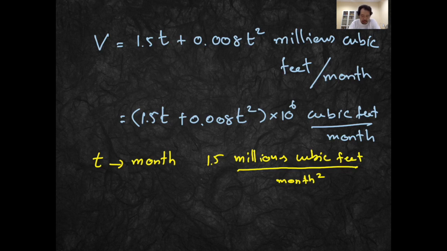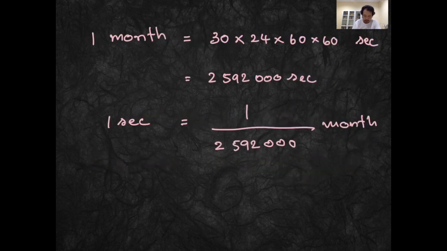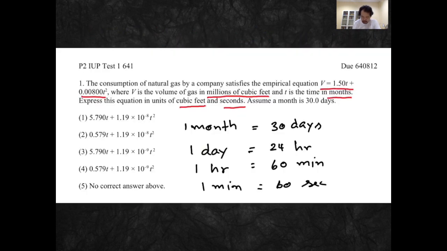If we enter the t here with the unit of month, we must have that this number 1.5 has a unit of million cubic feet per month square. Let me check.